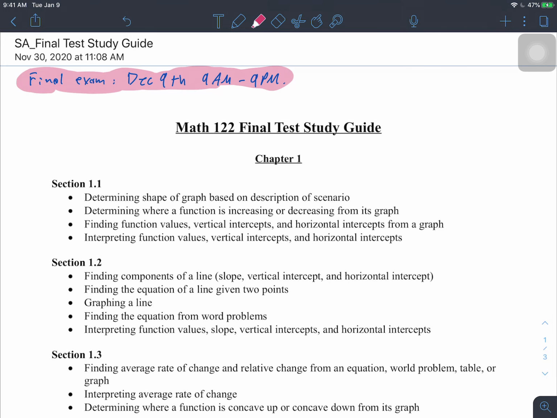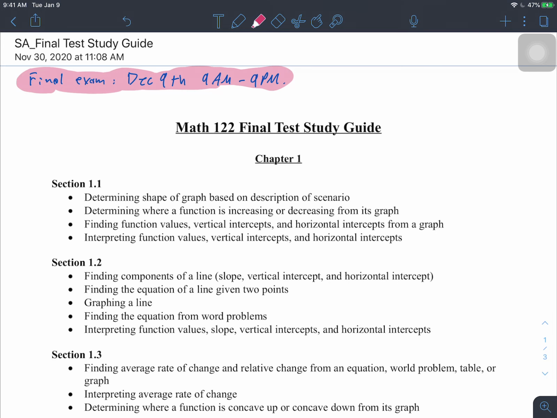Just make sure when you're done, you use some kind of scanner or scanning app on your phone to scan that into a single PDF and submit it to the Blackboard page no later than 9 p.m. that night.